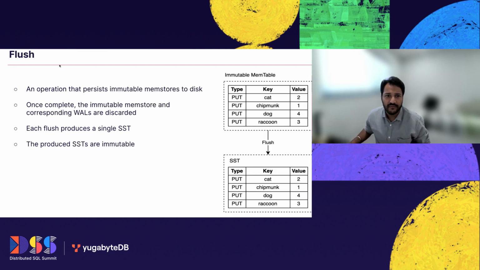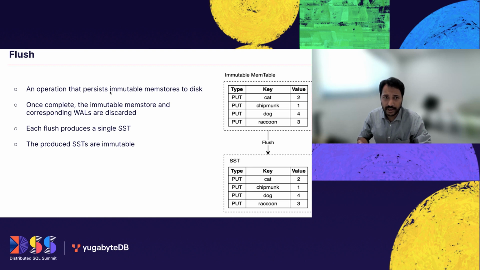Moving on, we have something called flush. Flush is an operation that basically converts the immutable memstores to disk. Now, we talked about memstores and how, when they become full, they are marked as immutable.